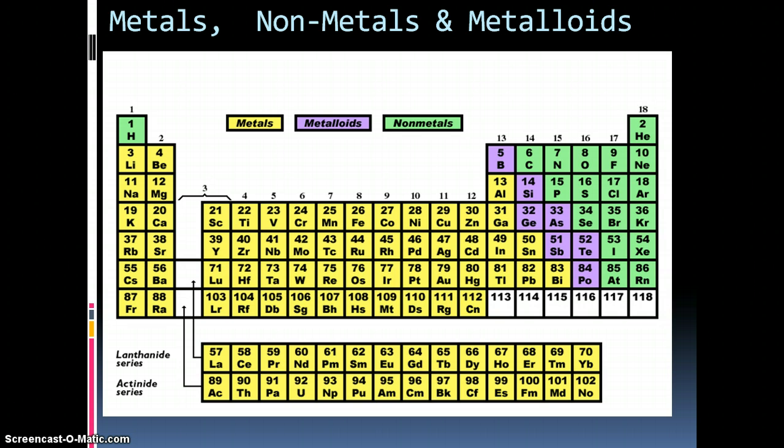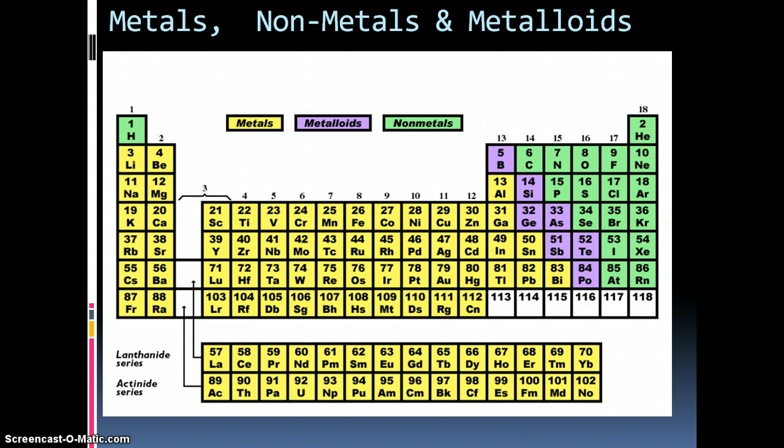Now, let's take a look at the periodic table. As we can see here, everything that's a metal is in yellow. So that's most of the periodic table is metals. In purple, along the staircase on your periodic table, we have the metalloids, things that have some metal properties, but some non-metal properties.